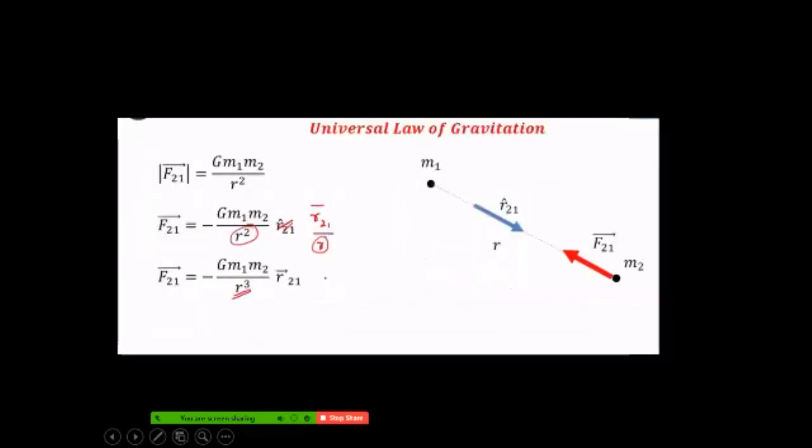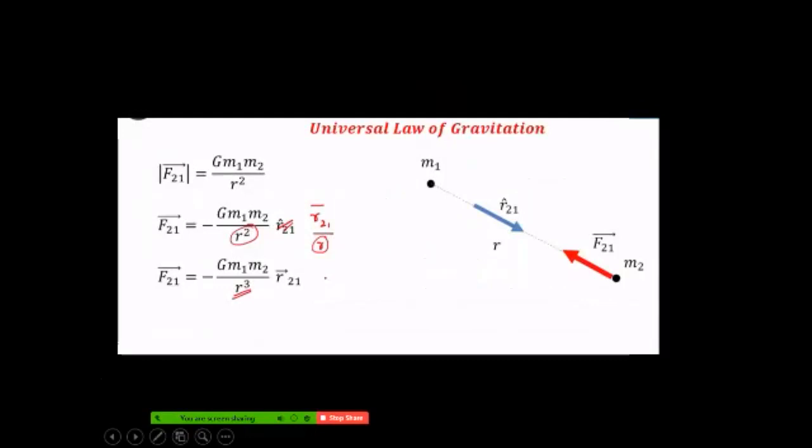Let's take the universal law of gravitation as we have discussed. Suppose there are two masses, m1 and m2. The m2 is applying the force here on m1, along r cap 21, and here is the F21 vector. So F21 vector is equal to G m1 m2 by r squared.